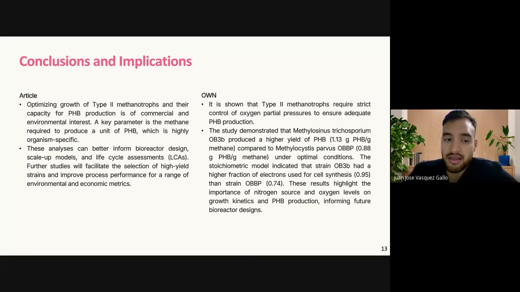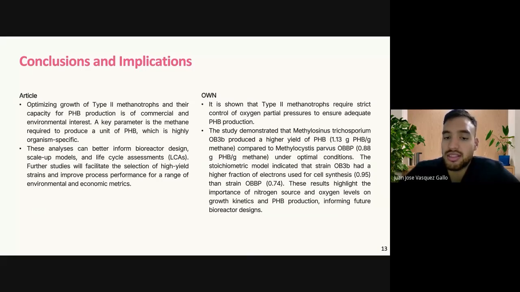We can see 1.13 grams of PHB per gram of methane, compared to Methylocystis parvus, the OBBP, with 0.88 grams of PHB per gram of methane under optimal conditions.